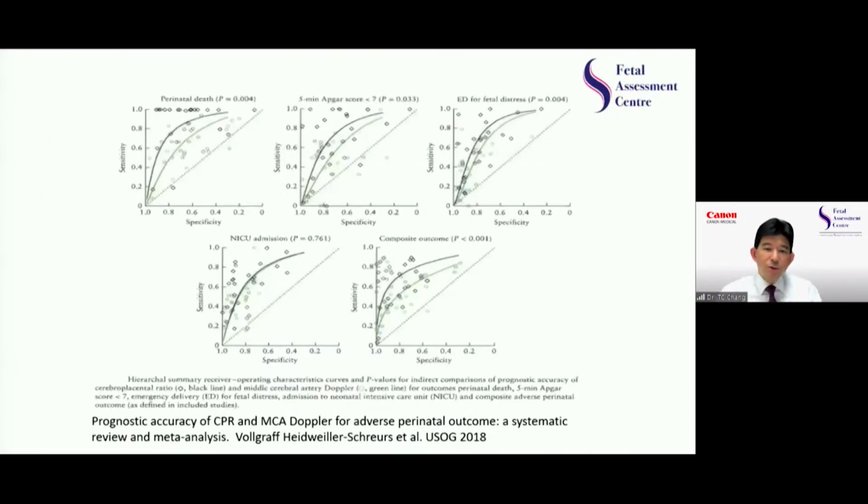So just to give you some idea why the CPR, the cerebral placental ratio, is better than the middle cerebral artery PI.